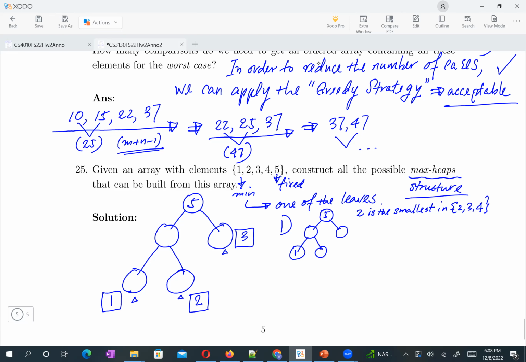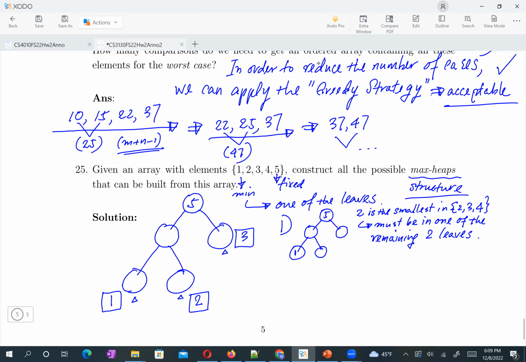2 is smallest, so that means 2 must be in one of the remaining 2 leaves.